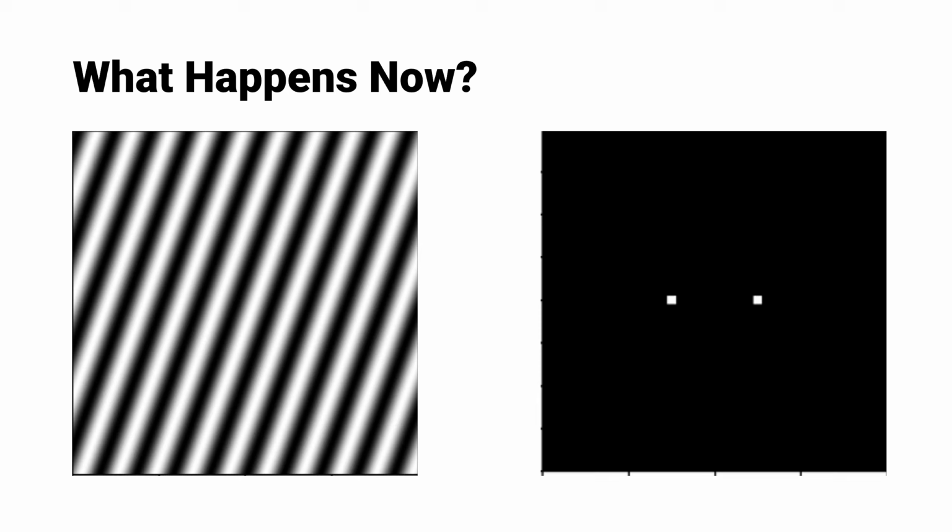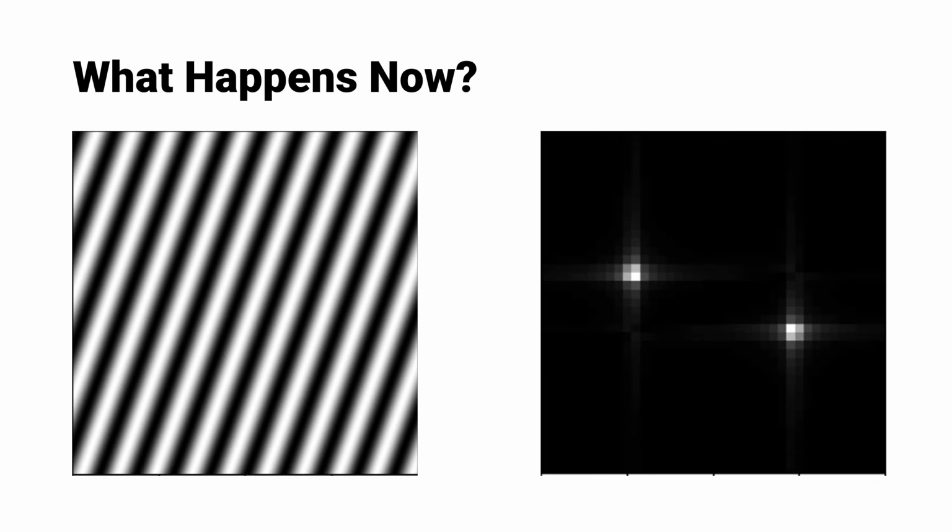So if you were imagining that you would have values diagonally, you are absolutely correct. You would have values diagonally because you have one value for the angle and the phase which is non-zero, and you would have a reflection of that on the opposite side. I want you to pause the video for a second and think, why are these not exactly 2 dots? Why is it a star-like pattern?